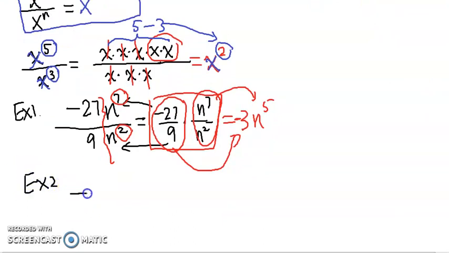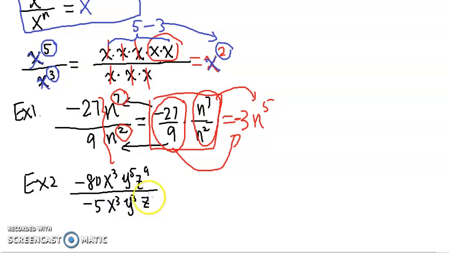We're going to just put more variables in there. So we have negative 80 x to the 3rd, y to the 5th, and z to the 9th, divided by negative 5 x to the third, y to the third, and z.